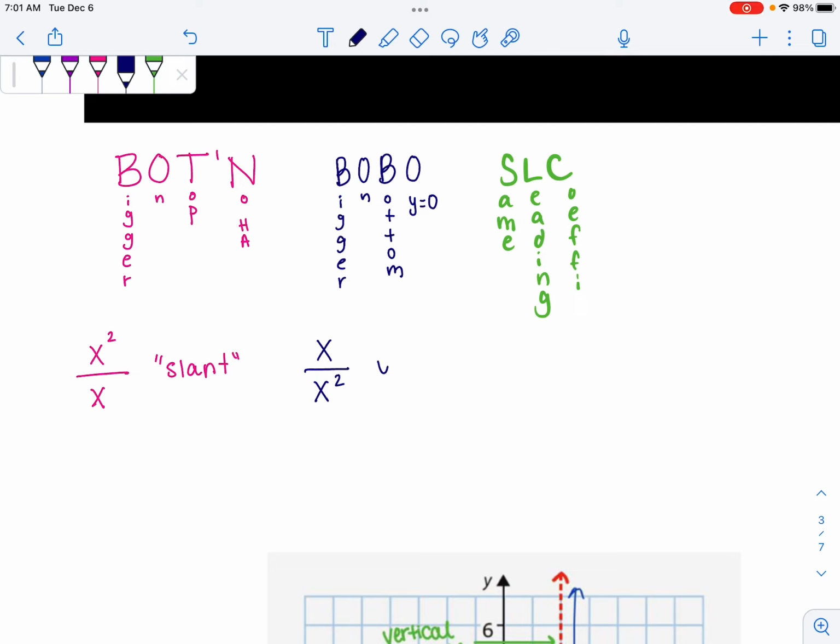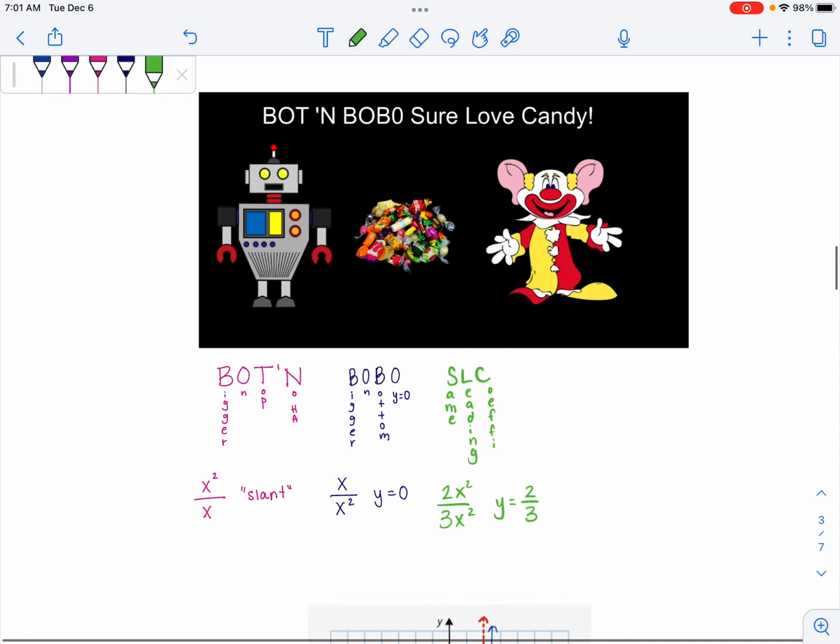Then my horizontal asymptote is at y equals 0. Or if they're the same, so if I have 2x squared over 3x squared, these are both x squareds. If they're the same, then I have to pull the leading coefficient. So we have a horizontal asymptote, y equals the leading coefficient of the numerator, 2, over the leading coefficient of the denominator, 3. And that's what we do for these problems.